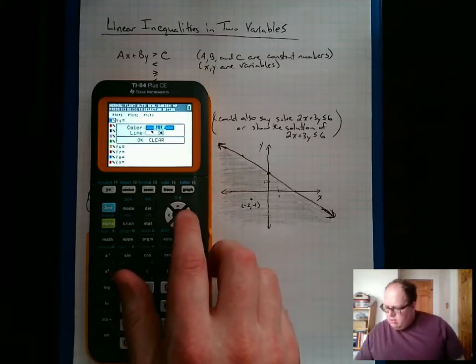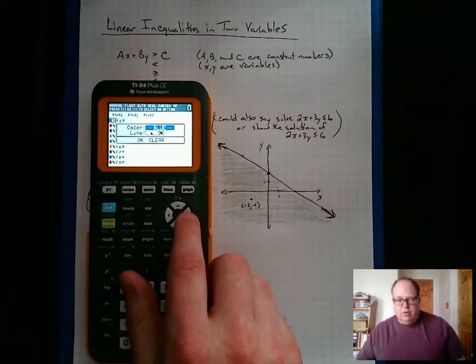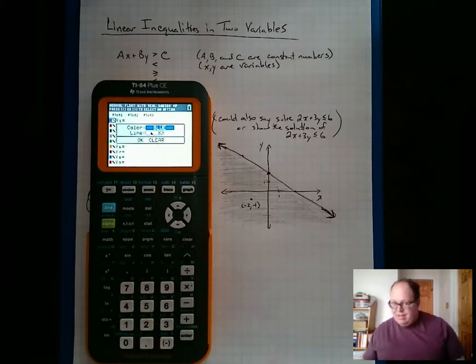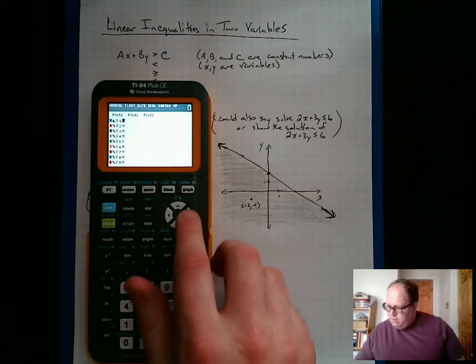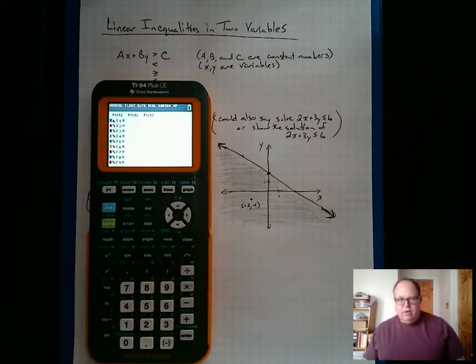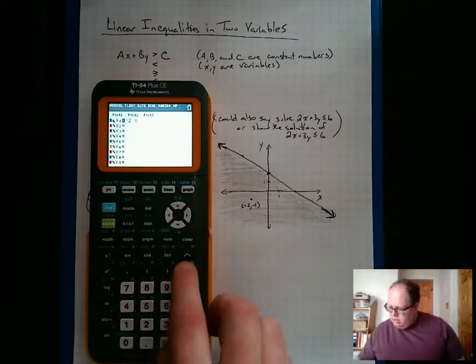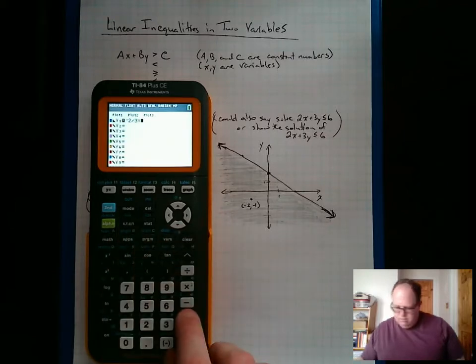And you'll notice that you can shade above the line or below the line. In this case, since we are less than or equal to, I will stick with below the line, and I'll hit OK.